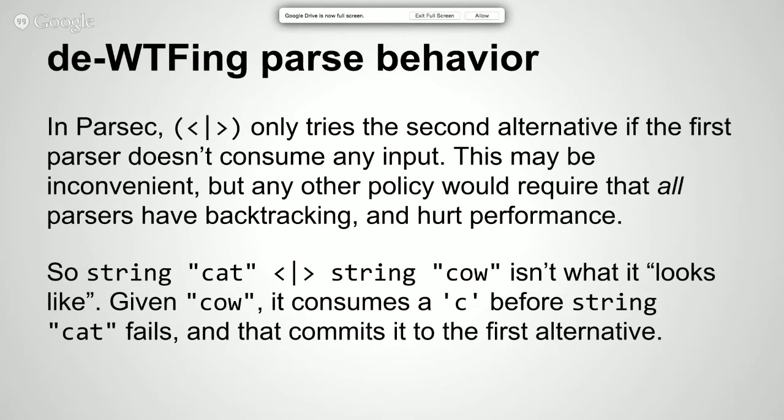That's really inconvenient and annoying, but the reason for that is that if you had any other policy, you would be mandating that every time there's a choice operator, you keep track of everything you've parsed. So you'd be mandating backtracking, and that would hurt your performance. So this case is not what it looks like: you give it cow, it consumes a C, then it's committed to the string cat, and that fails.